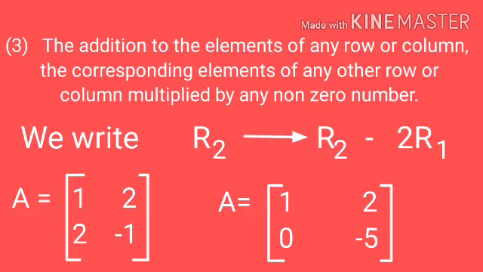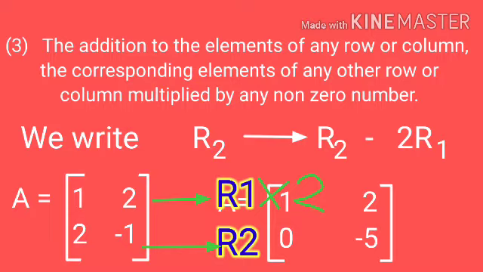Now the next operation is the addition to the elements of any row or column of the corresponding elements of any other row or column multiplied by any non-zero number. Suppose in the below example we want to subtract the first row, multiplied by 2, from the second row.